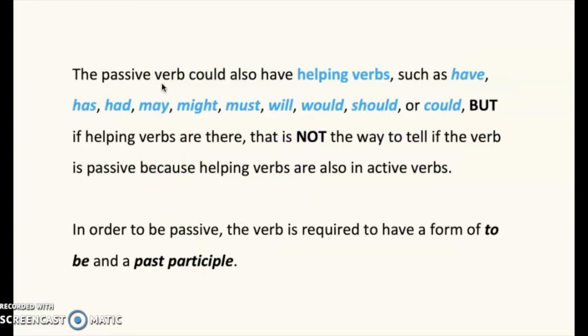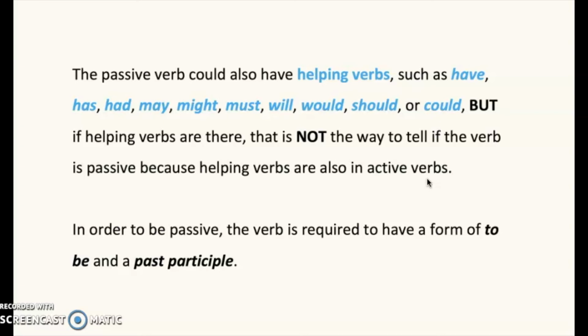Now, the passive verb could also have helping verbs such as have, has, had, may, might, must, will, would, should, or could, and there are actually others also. But if helping verbs are there in the sentence, that is not the way to tell if the verb is passive, because helping verbs are also in the verbs that have active voice.